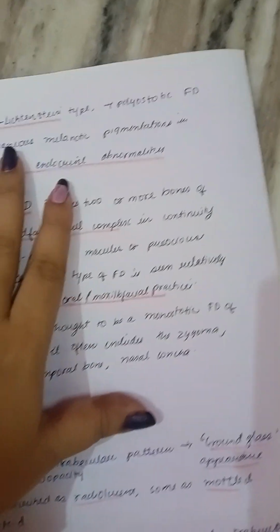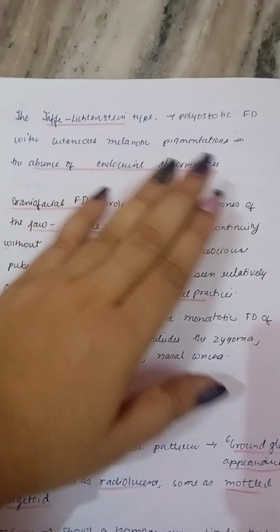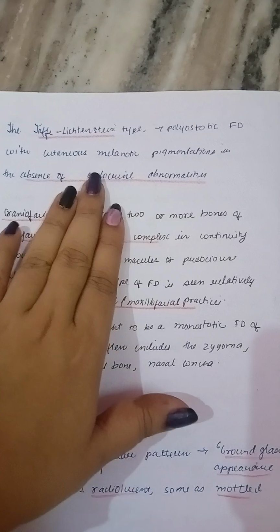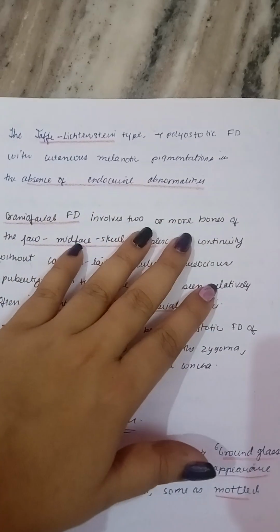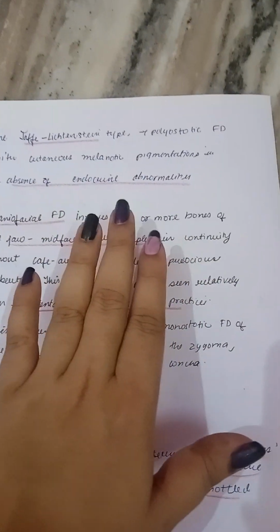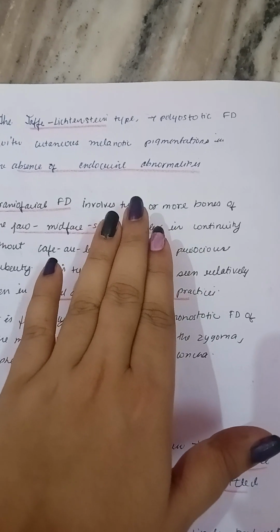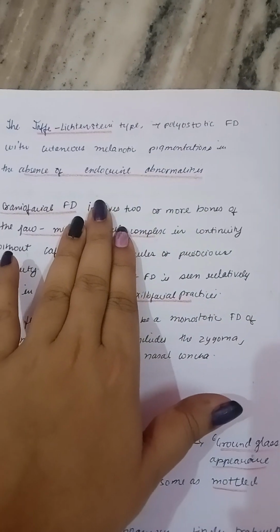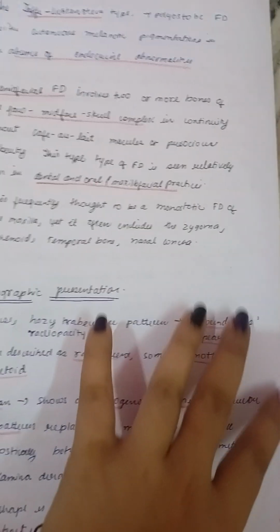Now, Jaffe-Lichtenstein type is polyostotic fibrous dysplasia with cutaneous melanotic pigmentation in the absence of endocrine abnormalities. That means McCune-Albright syndrome has endocrine abnormalities, Jaffe-Lichtenstein syndrome does not have endocrine abnormalities, but both are types of polyostotic fibrous dysplasia.